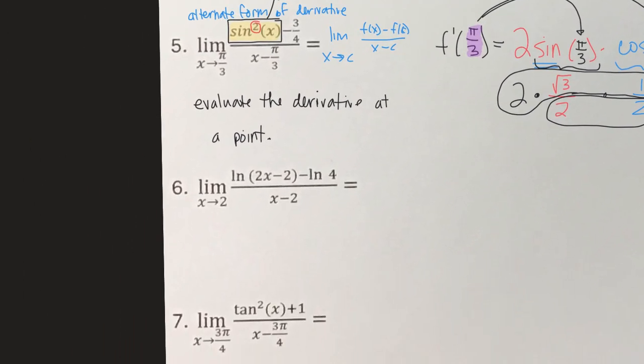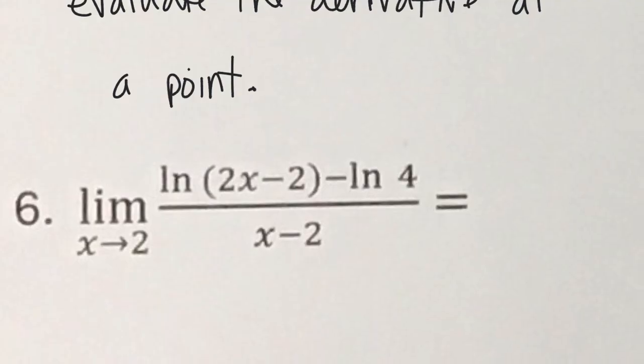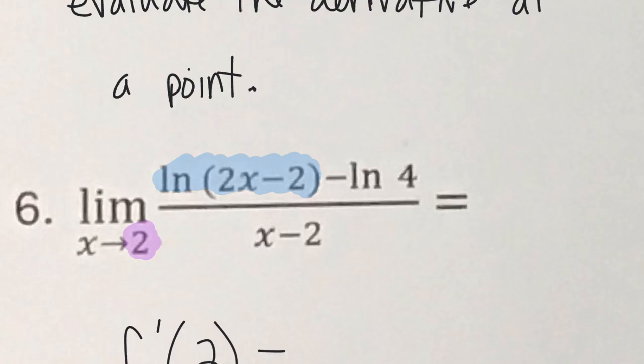Okay, number 6. What is our function and where are we evaluating it? Natural log of 2x minus 2 is our function, and we're evaluating it at 2. Perfect. So we're trying to figure out what is the derivative at 2.